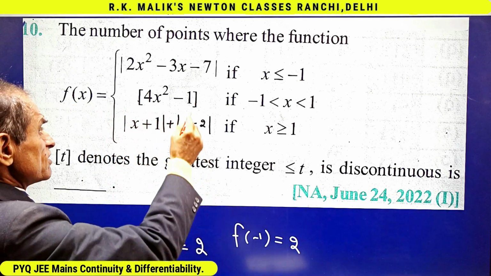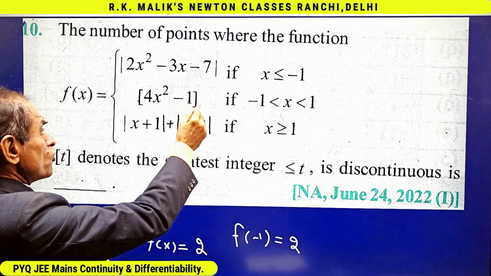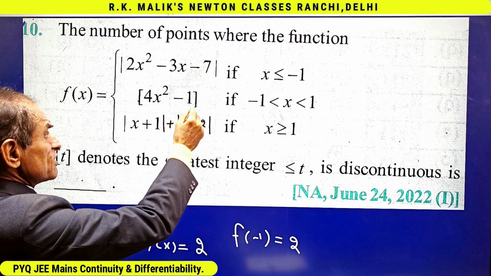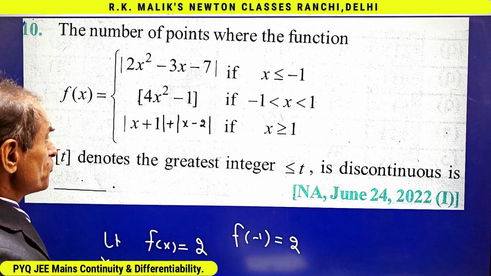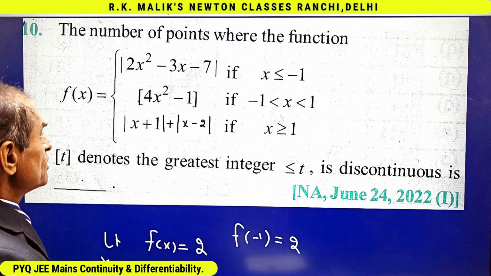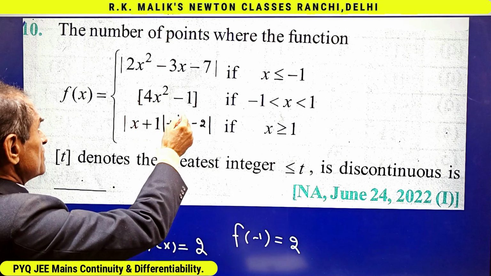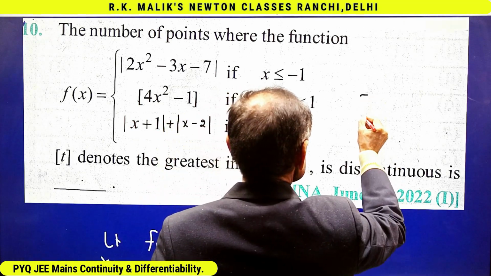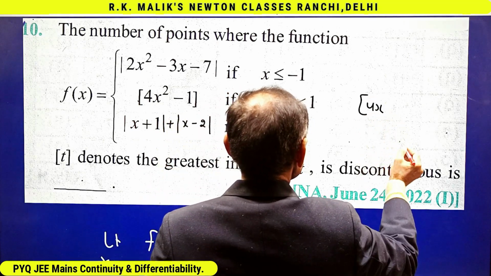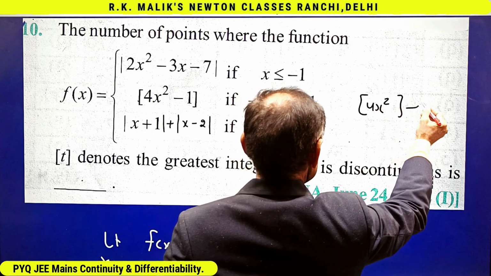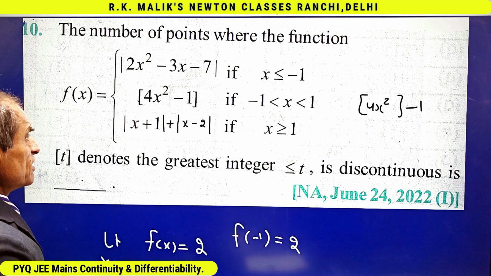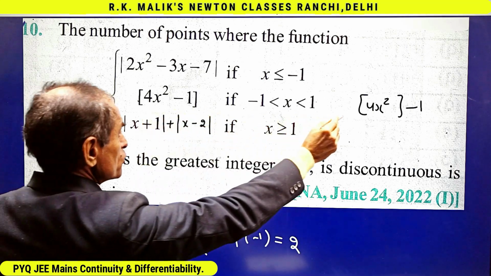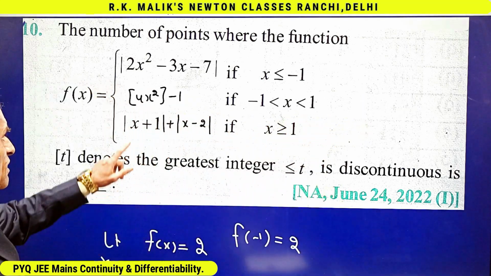Also note that an integer can go outside, hence our calculation will be slightly simpler if I write this as [4x square] minus 1. That is, instead of this, I'm going to write this.